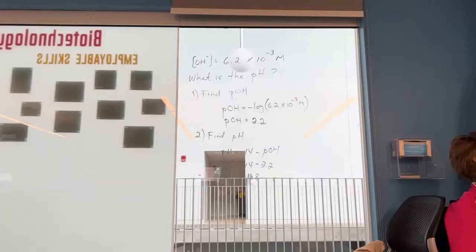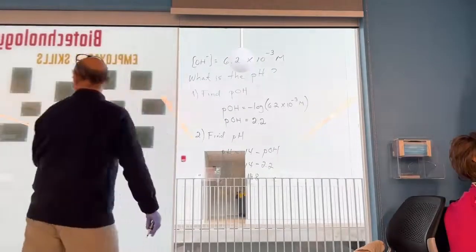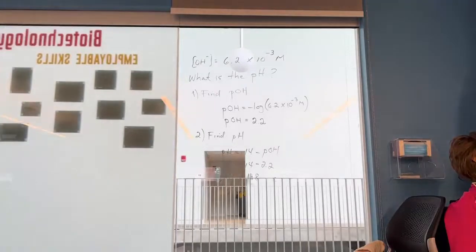So we have that number, 6.2 times 10 to the negative 3. We solve for H3O plus.